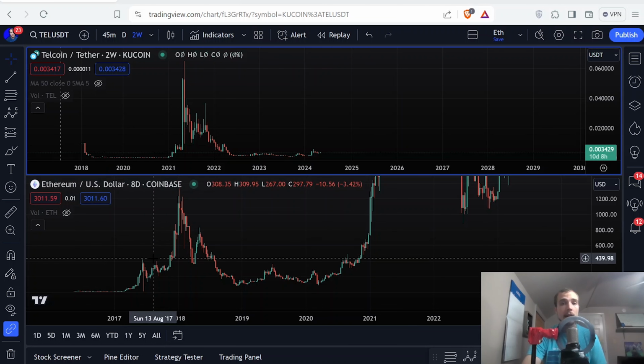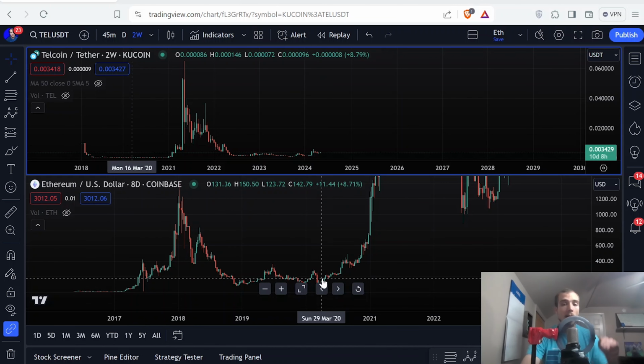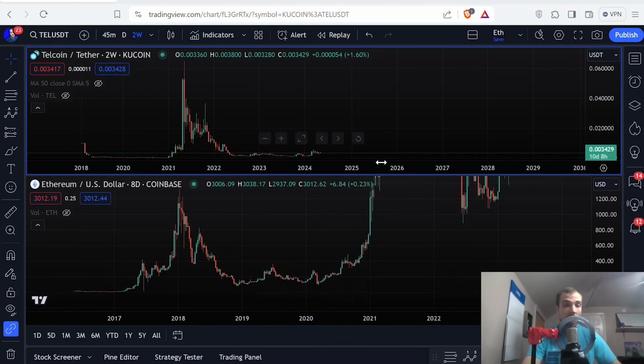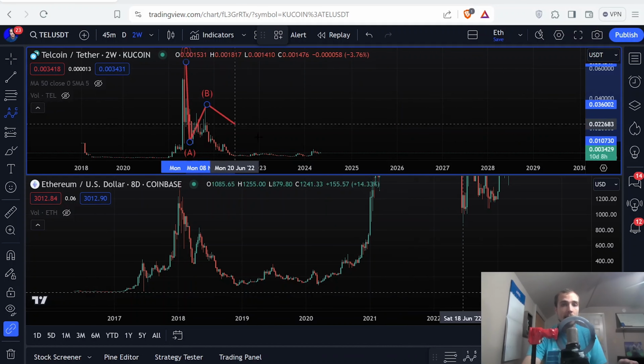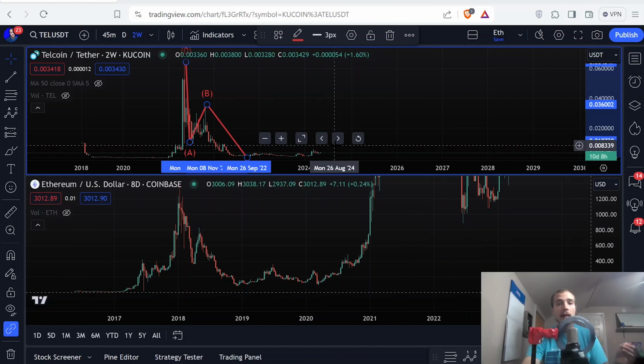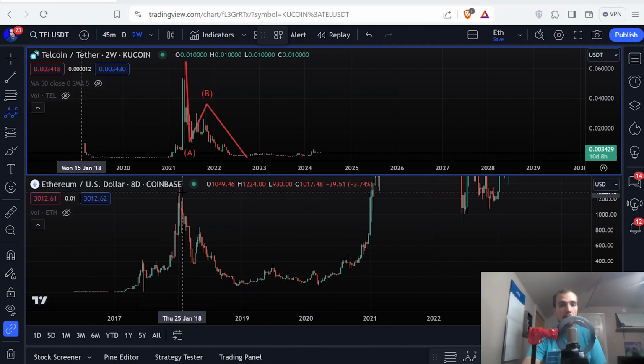You had a complete market cycle, then Ethereum went sideways, bottomed out, and skyrocketed right after. Now you can see on Telcoin that same structure is also taking place, right? ABC down, we went sideways. It's just exactly like Ethereum down here on the bottom.